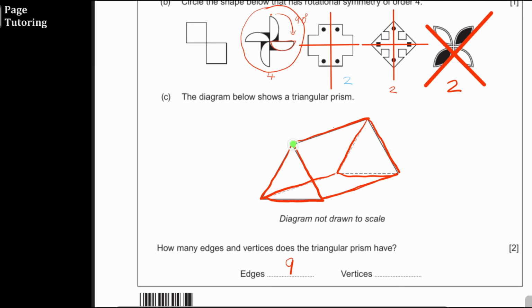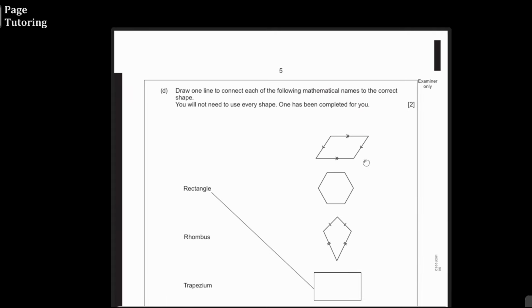Well, you've got a point where loads are meeting there, a point there, a point there. You've got a point here, here, and here. Okay, well, how many points have I got there? That's just 6. And that's it. That's all the marks for your answer. So you'd get 1 mark if you could only guess, okay, I think edges are the lines, maybe. And you get the other mark for knowing what that word vertices means. It's just where all the lines meet.